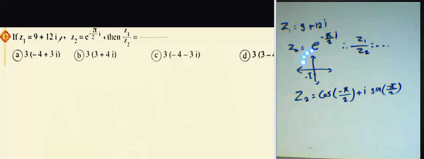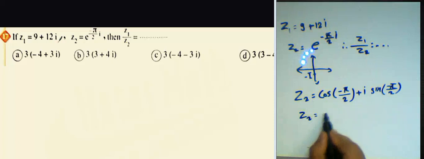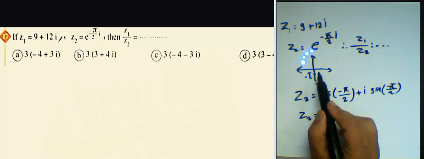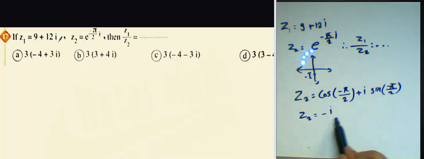We can divide them. We know z2 equal negative i. Okay, understood? z2 equal negative i here, because the angle here is negative pi over 2. Here z2 equal negative i.